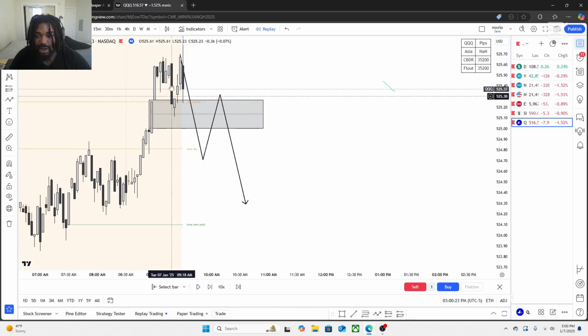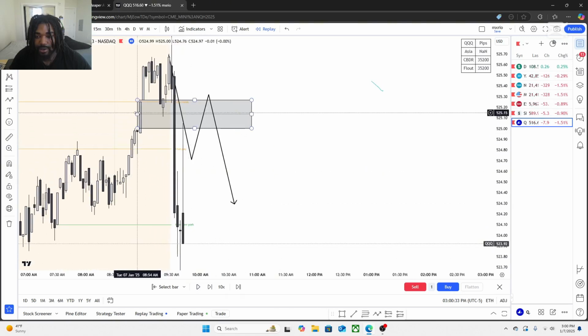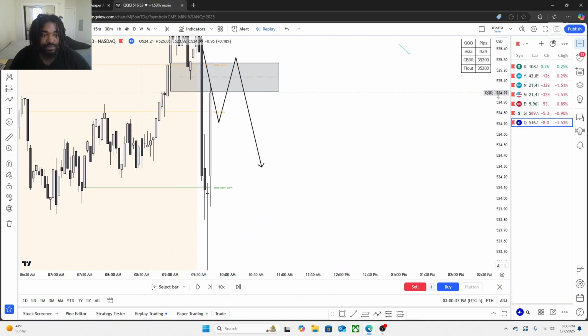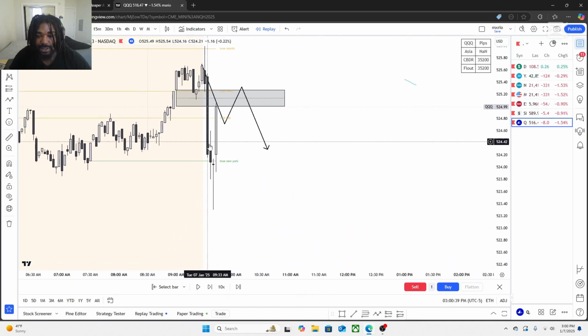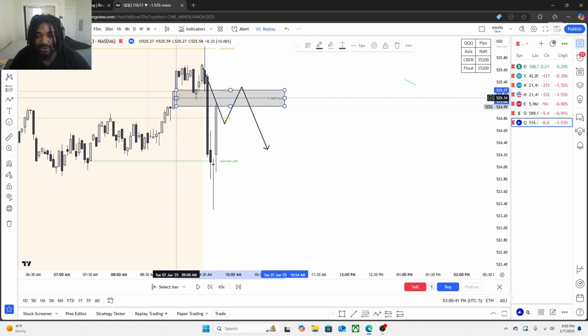At this point, I'm thinking, okay, if price breaks below this last low, and we took out this high, this becomes a breaker. So now what happens? Just like we said, price comes back into that inversion fair value gap, with the breaker on top. Now that's a unicorn model.